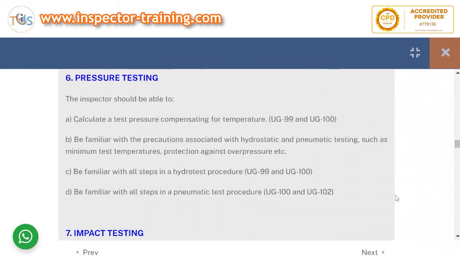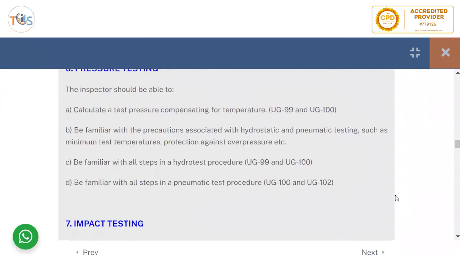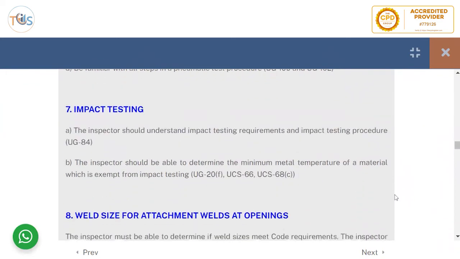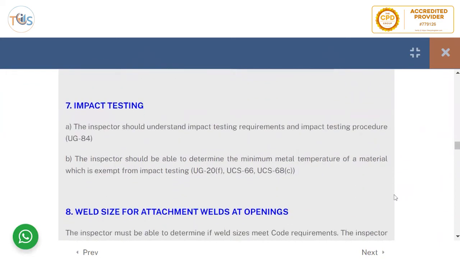And you should know about pressure testing, which is UG-99 and 100: the gauges, the range of the gauge, how the pressure tests need to be done, and the leak test, etc. Then you should go to UG-84 for any impact testing. Especially UCS-66, the general requirement for carbon steel, is very important for the Charpy test, because you need to find out whether you have to use this graph, and the associated tables would show whether a particular material, from its P number, thickness and operating temperature, needs an impact test or not.